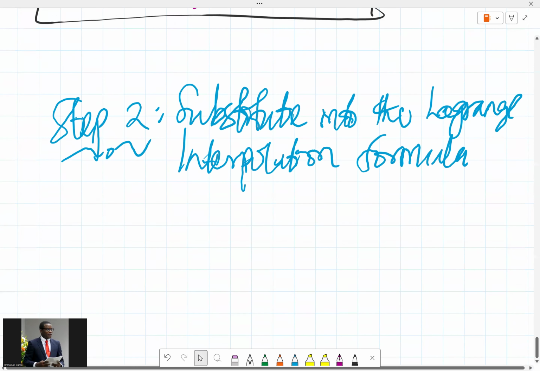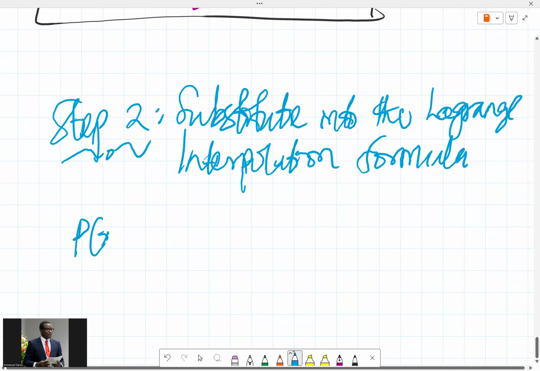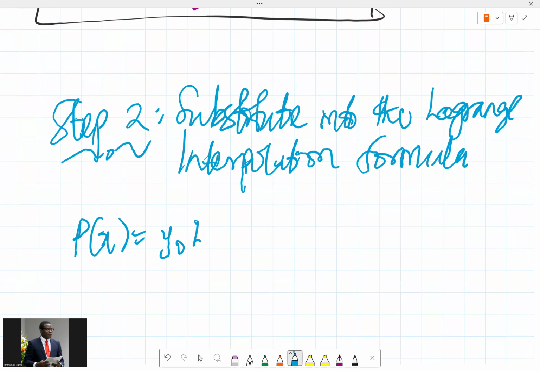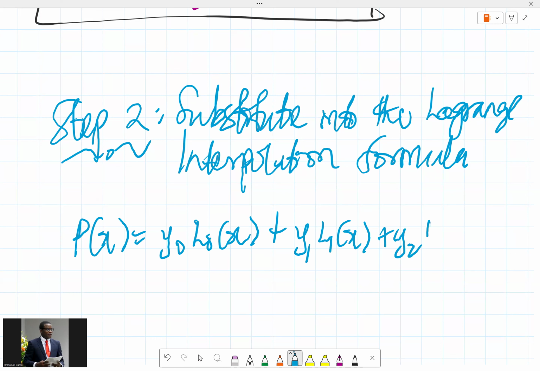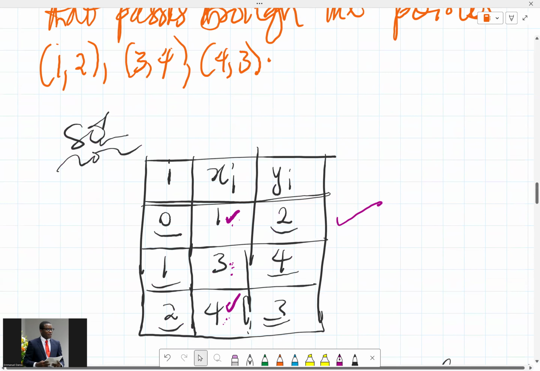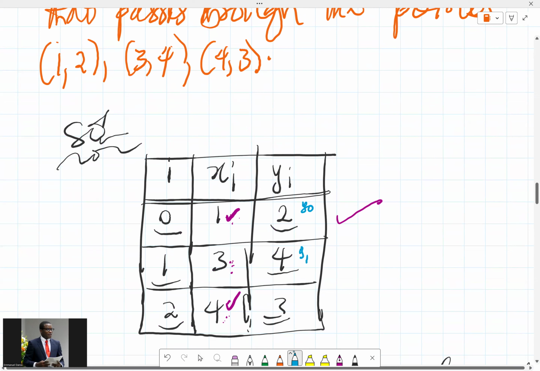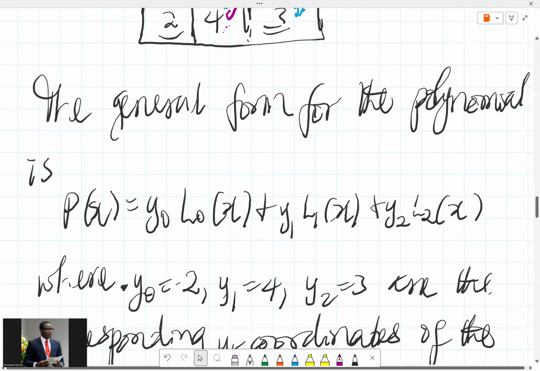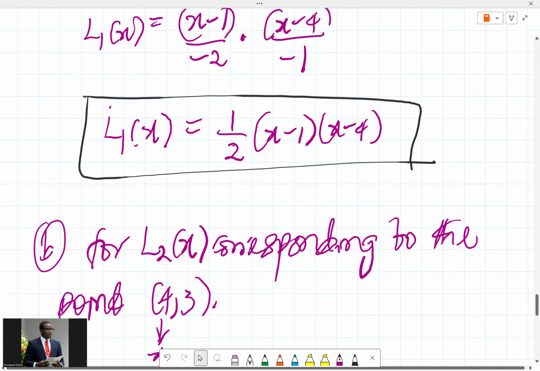Generally, we know the formula is P of x equals y naught, L naught of x plus y1, L1 of x plus y2, L2 of x. So again, we have our y naught, y1, y2 up there, just like this is x naught, x1, x2. So we have 2, 4, 3.